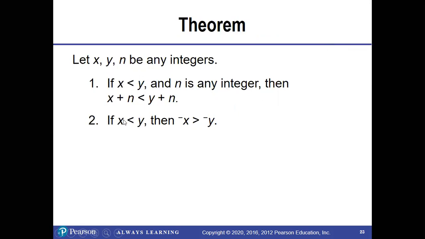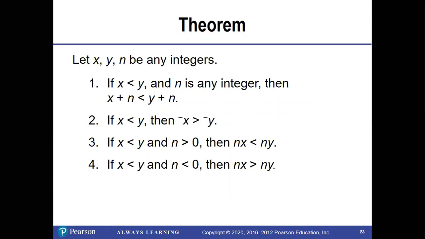But if I take two things in an inequality and I negate both sides, it actually reverses your inequality. This is something we learned when we did inequalities. It works with integers because we're now dealing with negatives.